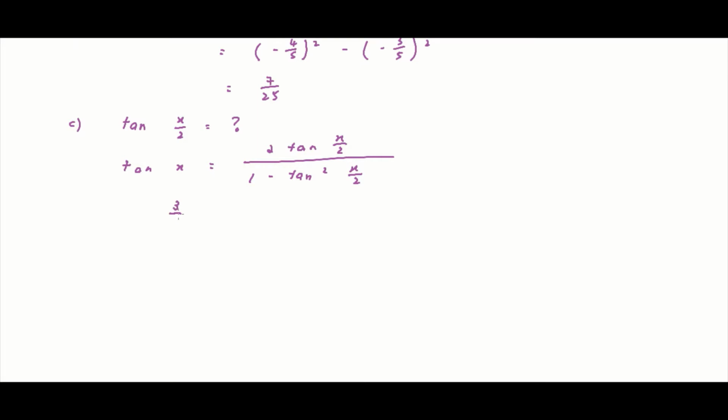So 3 over 4 equals to 2 tangent x over 2 over 1 minus tangent square x over 2. So what you can try to do, cross multiplication. 3 minus 3 tangent square x over 2 equals to 8 tangent x over 2. Okay, rearrange the whole thing in a good quadratic form.